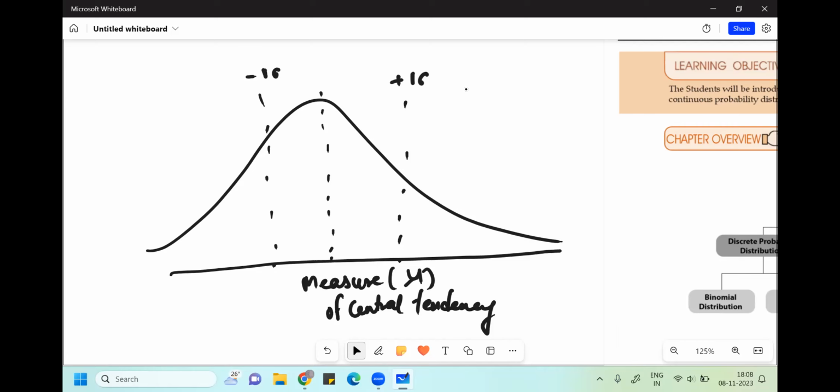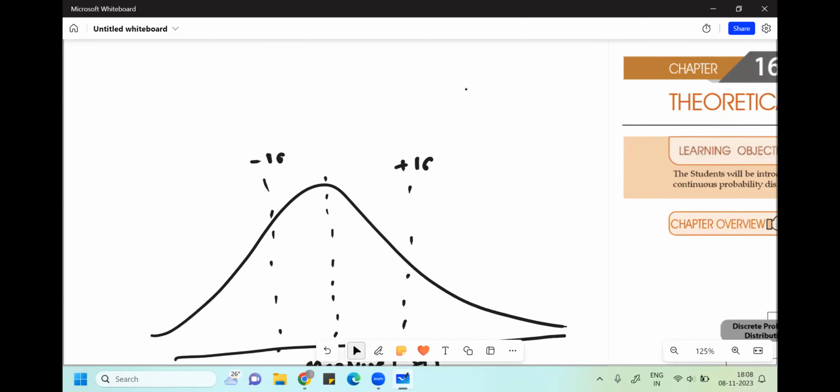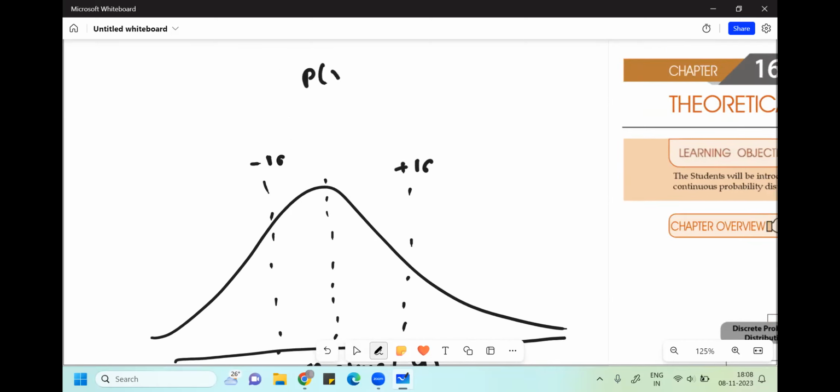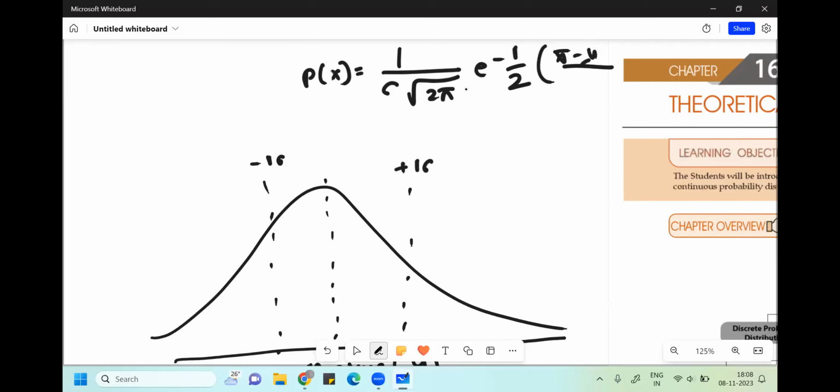This is called the normal distribution curve. It follows the property with the formula you should remember: 1 by sigma root 2 pi, e to the power minus 1 by 2 times (x minus mu by sigma) whole square. This is the formula of the probability distribution function of a normal distribution.